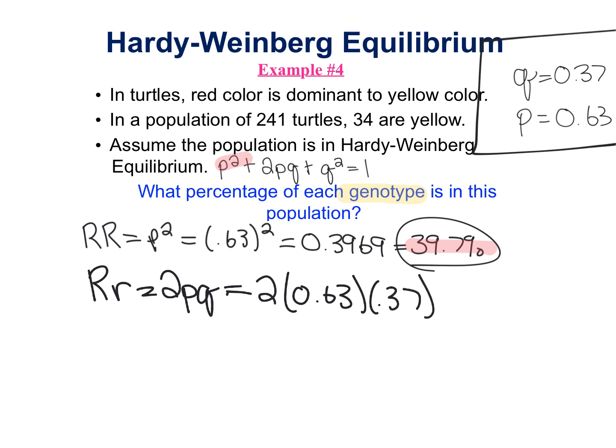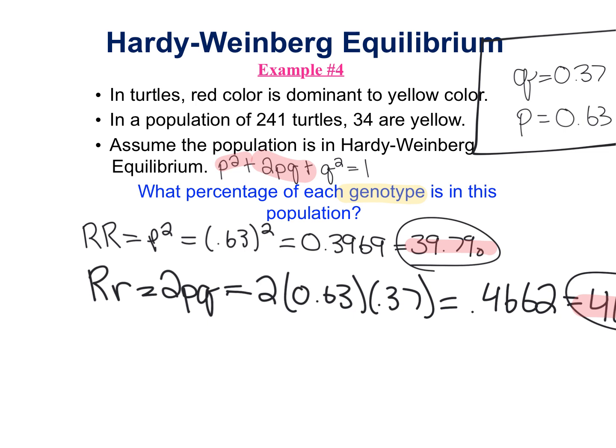So if we do the math, we're going to get that big R, little r is 0.4662, which is 46.6%. And big R, little r in our equation, our 46% is the 2pq.